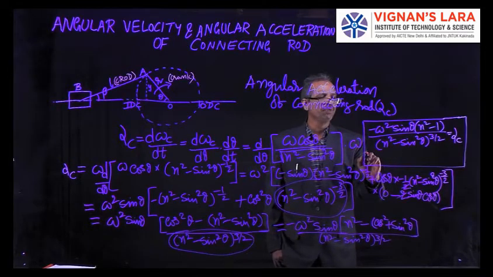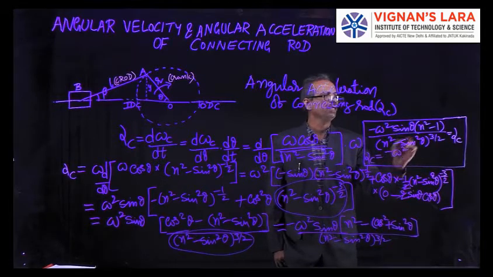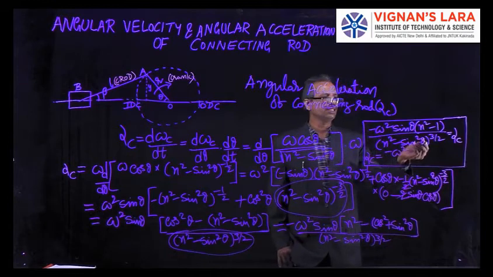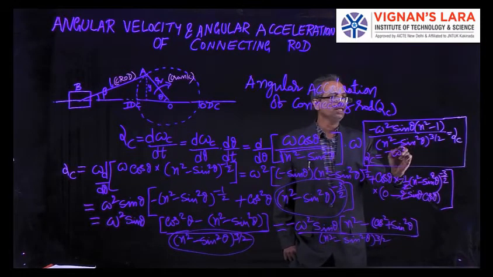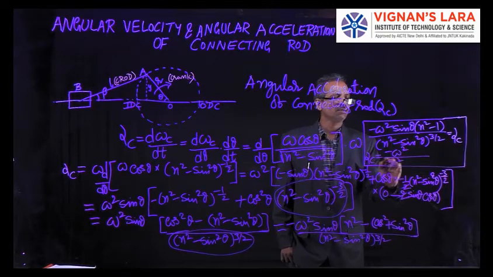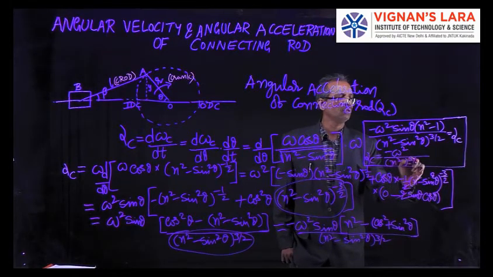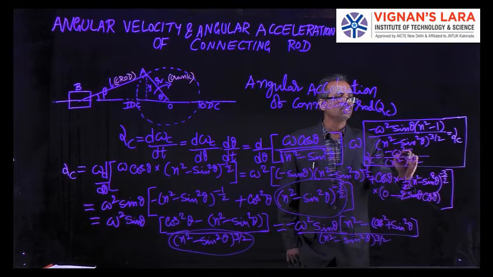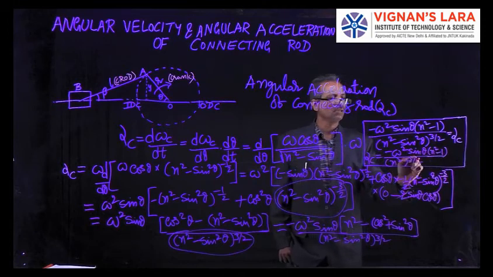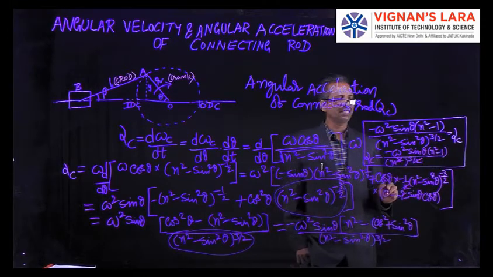I assume the value of sin square theta is small. Then this becomes n square whole to the power of 3 by 2, into sin theta, into n square minus 1. So the 2 gets cancelled.